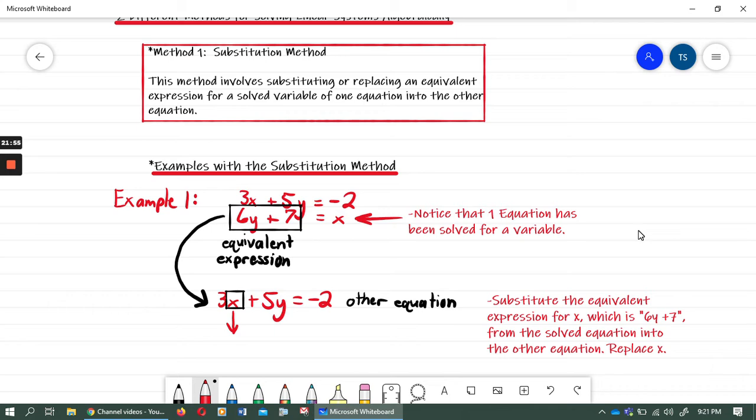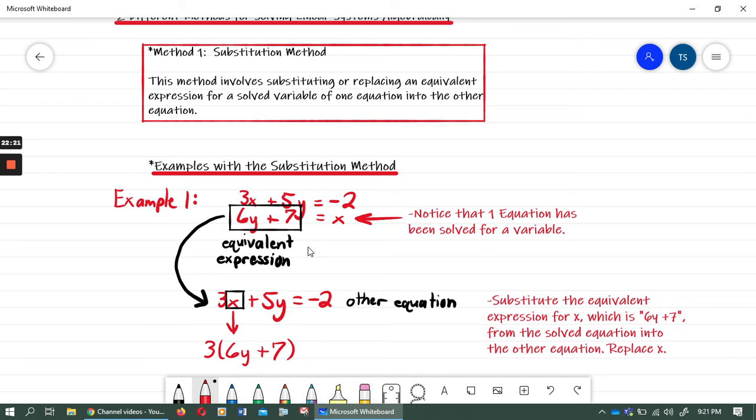Alright, so let's see here. If we replace that, we already had the 3, but we're replacing x with this equivalent expression. We're replacing this x with the 6y plus 7, and we're substituting x for this equivalent expression here.